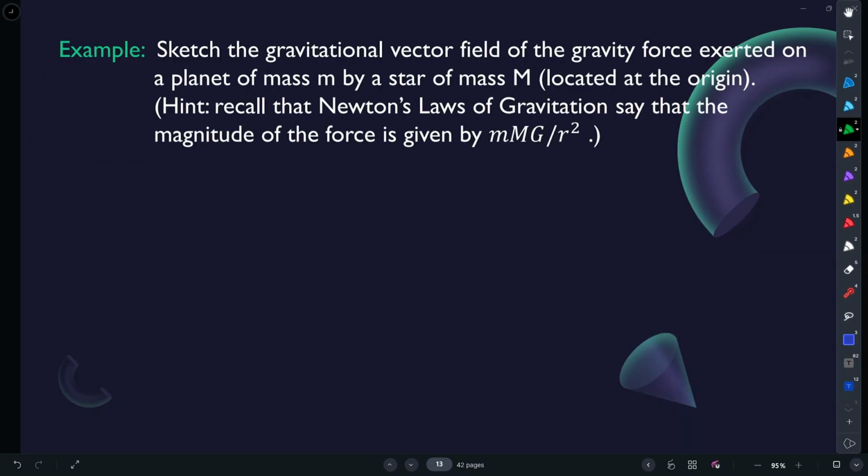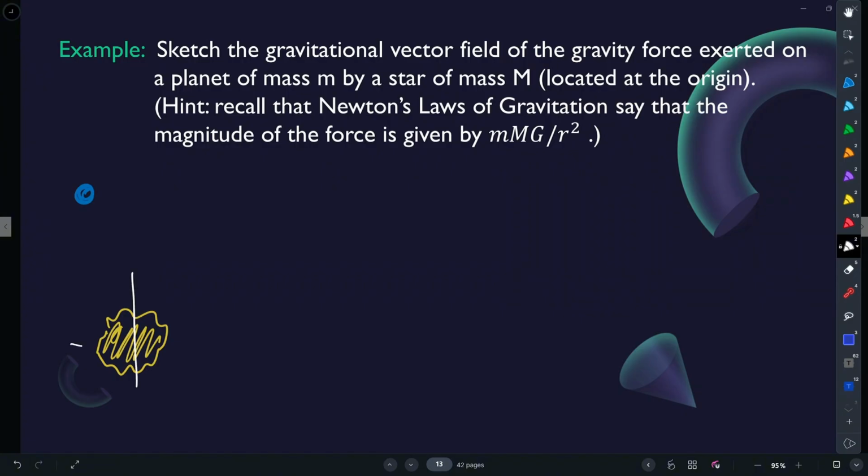Now, since I was talking about the Artemis mission, let's sketch the gravitational field, or the gravity force, exerted on a planet of mass m by a star of mass M located at the origin. So we have a star and we have a planet, and there is going to be a force.